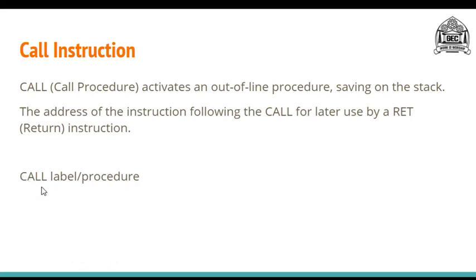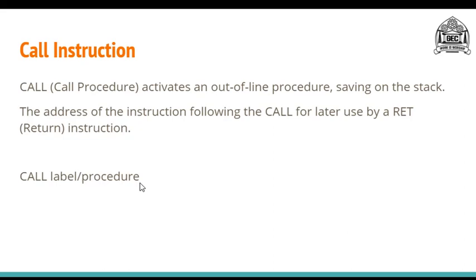First comes the mnemonic or opcode which is call, and after that comes the label, which is the name of the procedure that you want to invoke. So that's it. This is how we can implement the call instruction in an assembly language program.